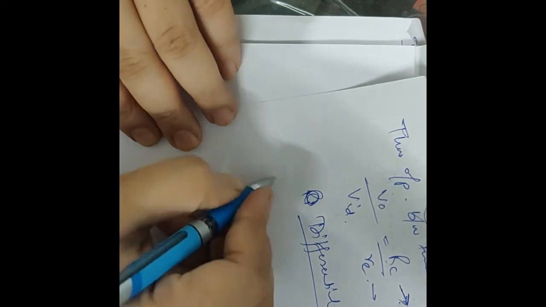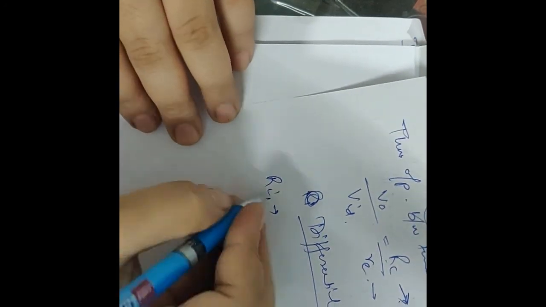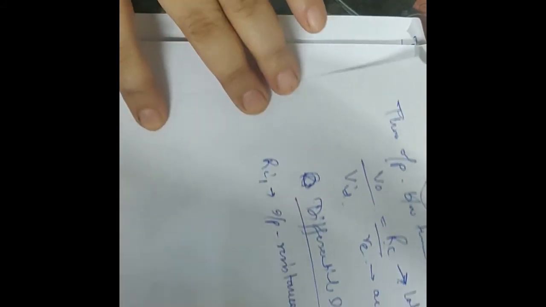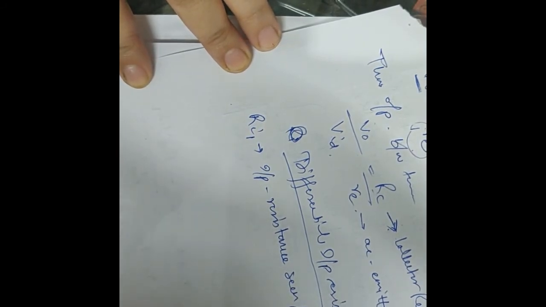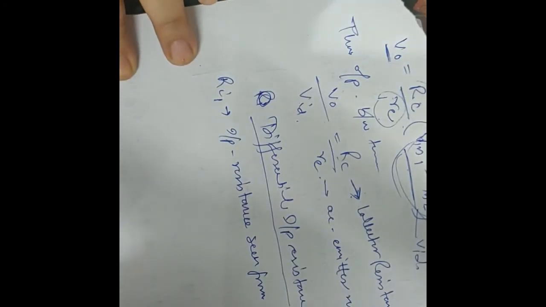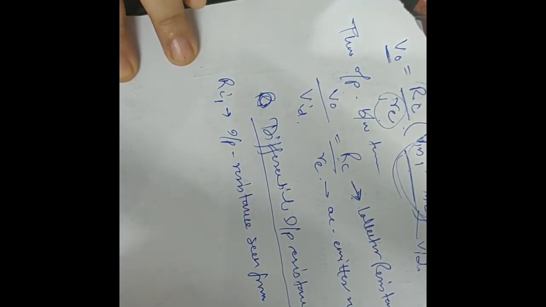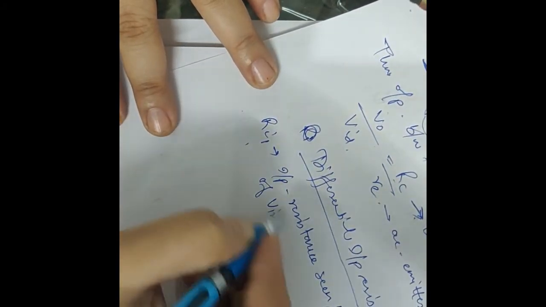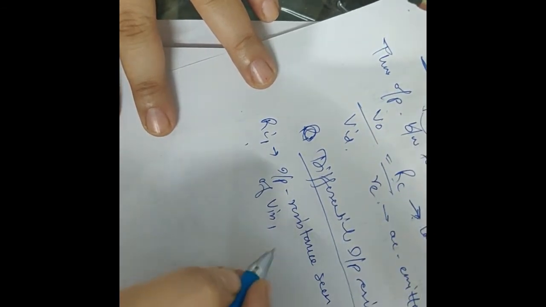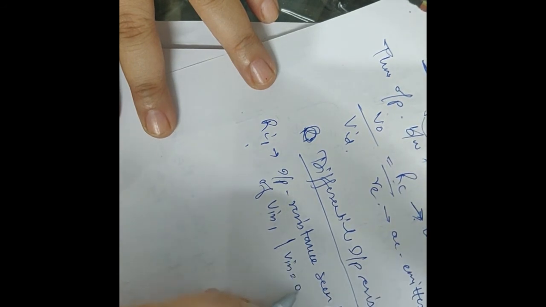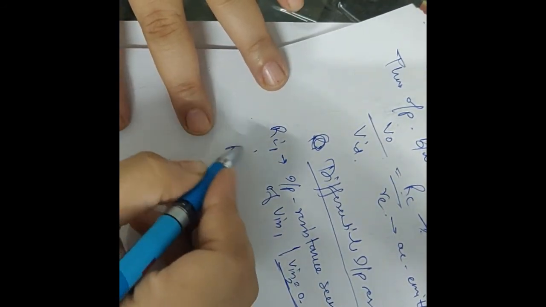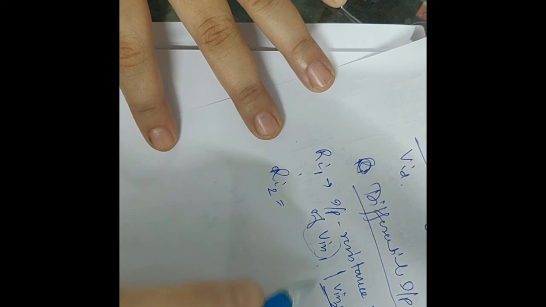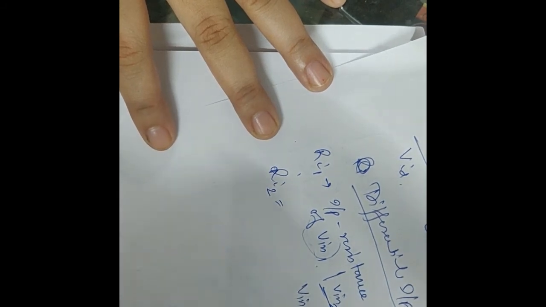So let's say RI1 is the input resistance seen from the input signal source Vin1, when Vin2 is set to 0. Similarly, RI2 is the input resistance seen from the voltage source Vin2 when Vin1 is set at 0, right?